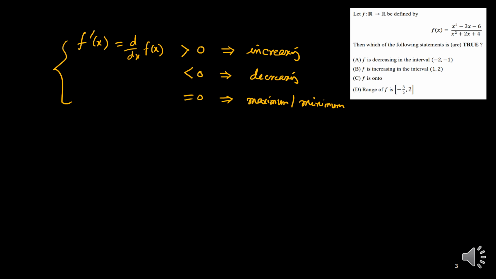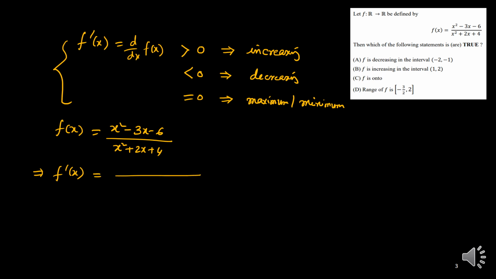So first we will compute the derivative of this one. The function is given as x square minus 3x minus 6 upon x square plus 2x plus 4. So its derivative we will compute quickly, f prime x. It's a rational form, so the denominator square will be there.